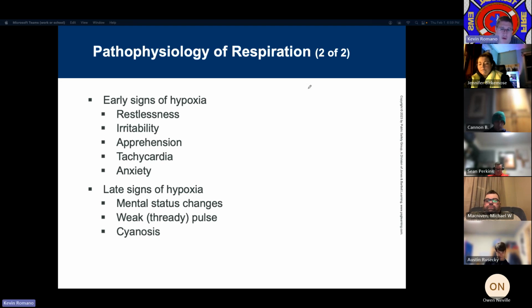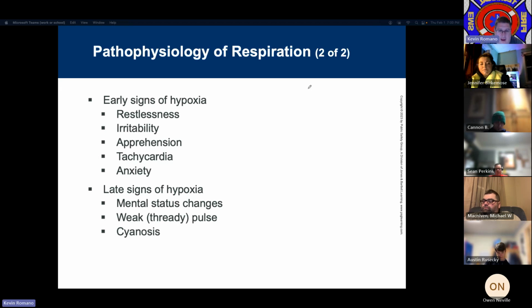We got to pick up stuff early, okay? So that tachypnea, the tachycardia, the irritability, restlessness, right? Decreasing SpO2, right? Changes in our end tidal, putting a patient on nasal cannula end tidal and seeing a tachypneic rate with low readings. Those are the patients we have to start treating before they go to a late sign.